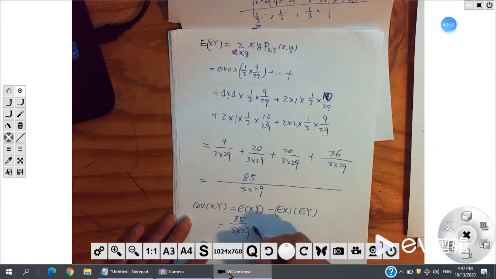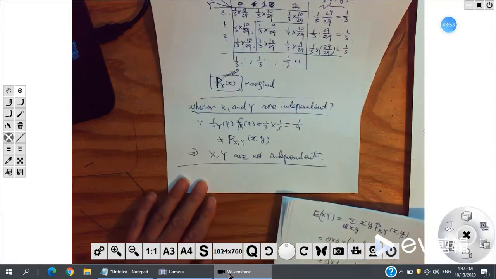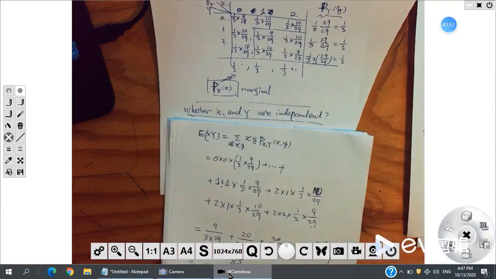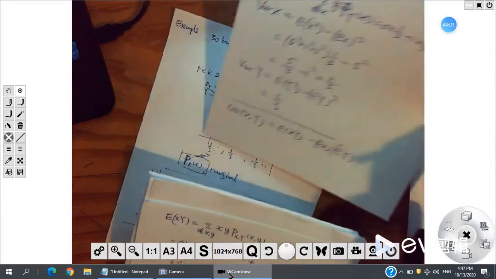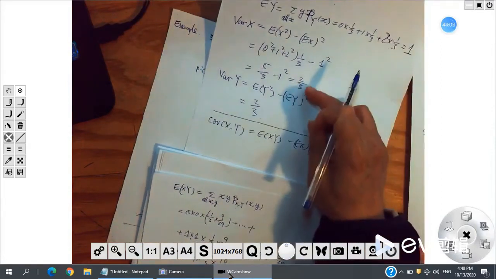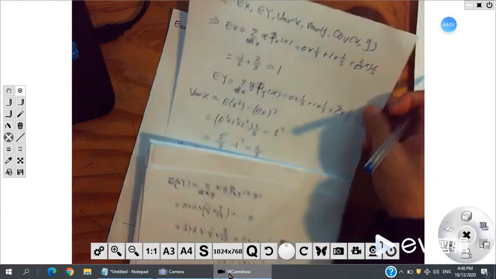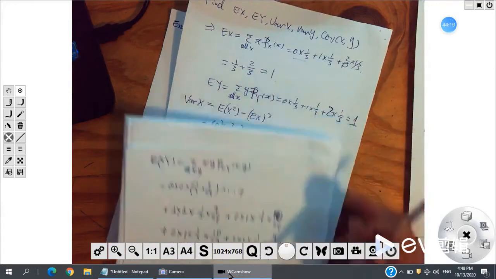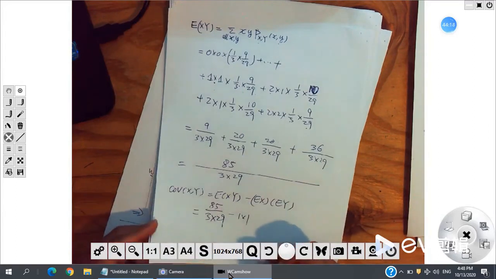And then minus the mean. I have mean 2/3, right? Oh no, this is variance. The means, they are both 1. So minus 1 times 1. Yeah, both are 1.